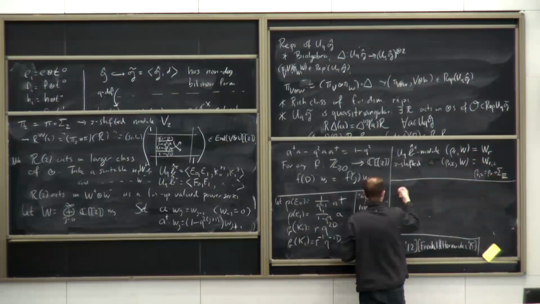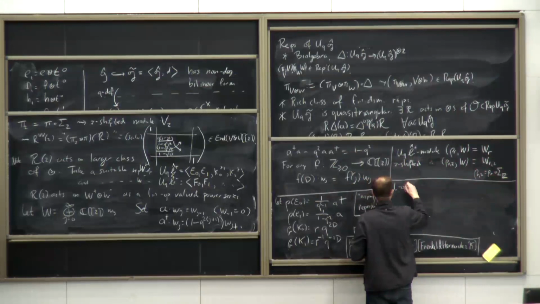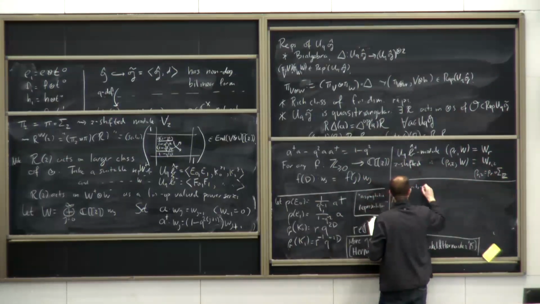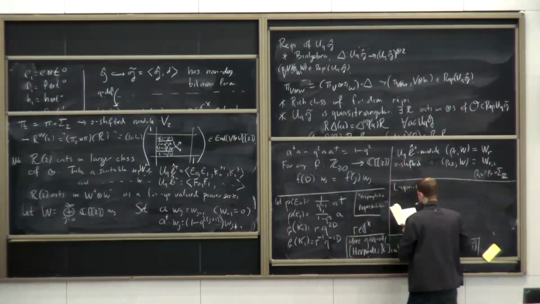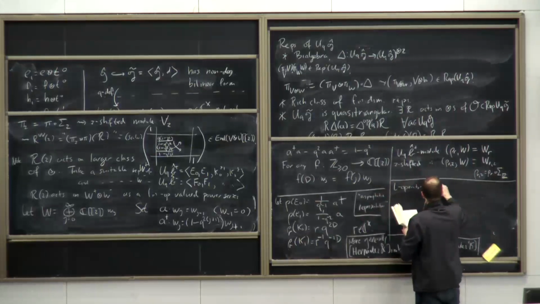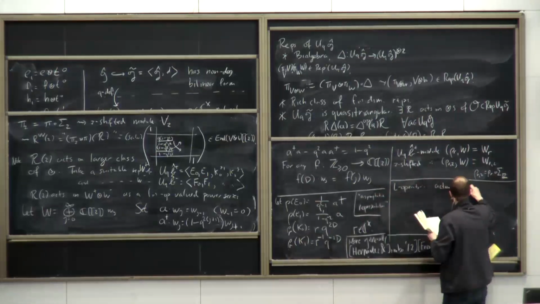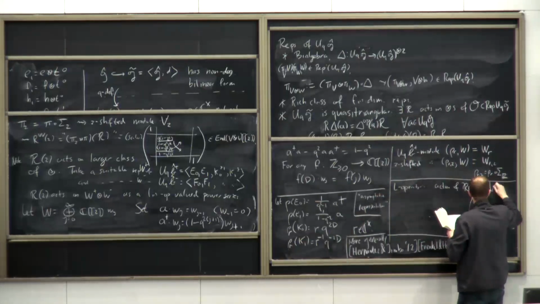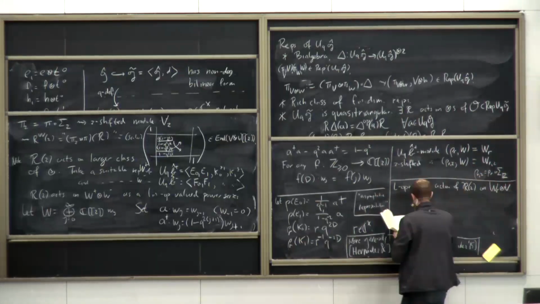And so now we can look at images of the R matrix. We get so-called L operators. In this case, they're called L operators for Baxter Q-operators. And it's simply the action of this grading-shifted R matrix on W_R tensor V. And so this is what it looks like. It's a fairly straightforward map.